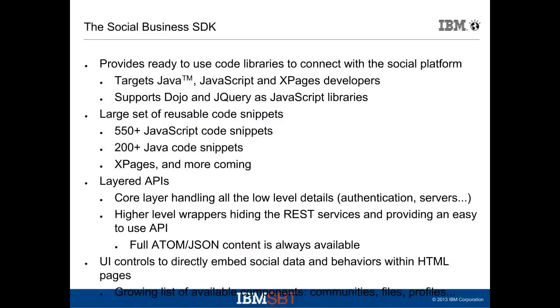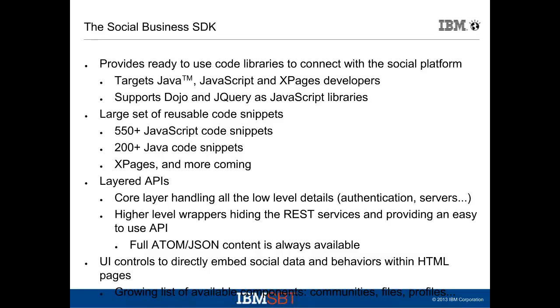So once you've done that, you have access to your trial organization, you have your OAuth keys being created, so you're ready to go. But where do you start? So all the services are REST services, which means that you can connect to them from any framework or any language that can understand REST services. That's fine.